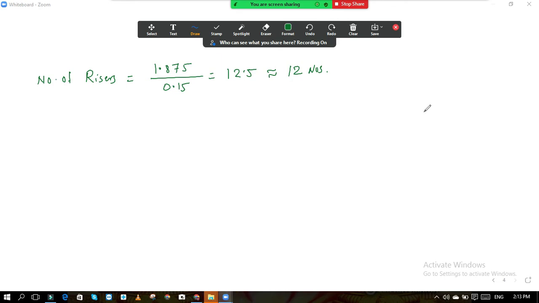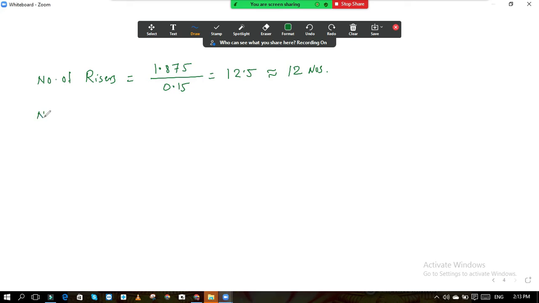If 24 steps are required in total to climb from one floor to the second floor, you should provide 12 steps in the first flight and 12 steps in the second flight. So 13 steps you should not provide. Okay, 12 numbers. So now this is the number of risers.